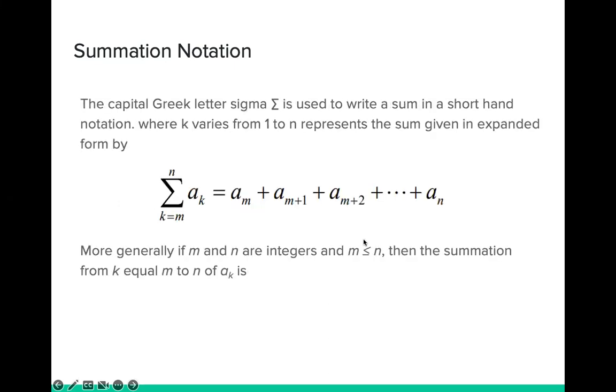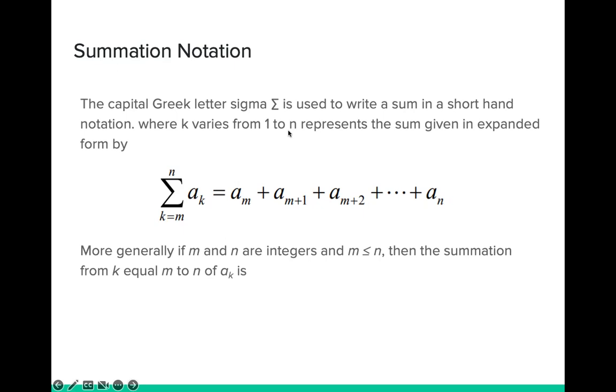Okay, so it is convenient to use a shorthand notation to write such sums. In 1772, the French mathematician Joseph Louis Lagrange introduced the capital Greek letter sigma to write the sum in shorthand notation. So it is in this form: the sum of a sub k from k equals m to n, where k varies from m to n.